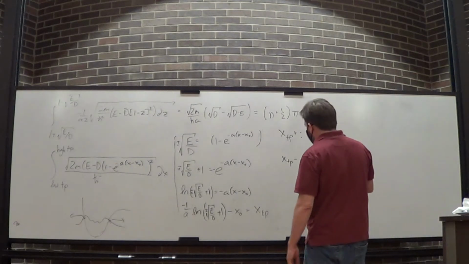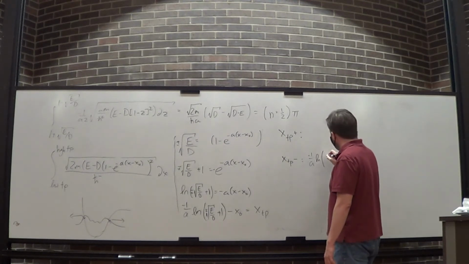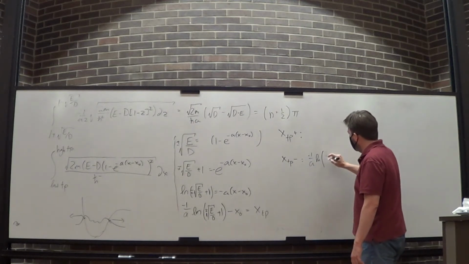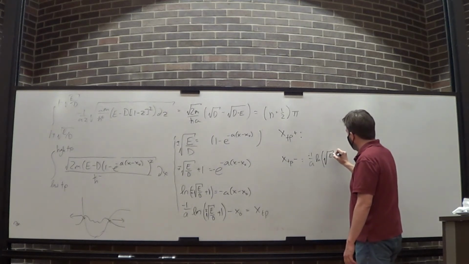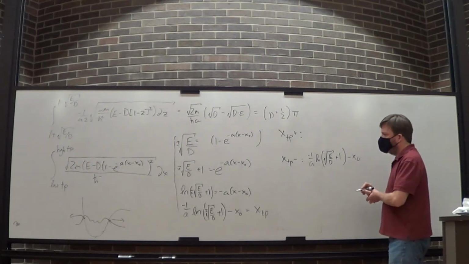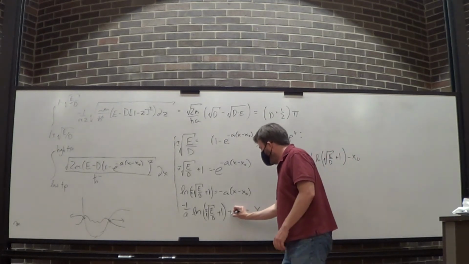Yeah, that's right. So the lower limit is going to be minus 1 over a natural log, plus, so I don't have to put anything. I got plus x naught.